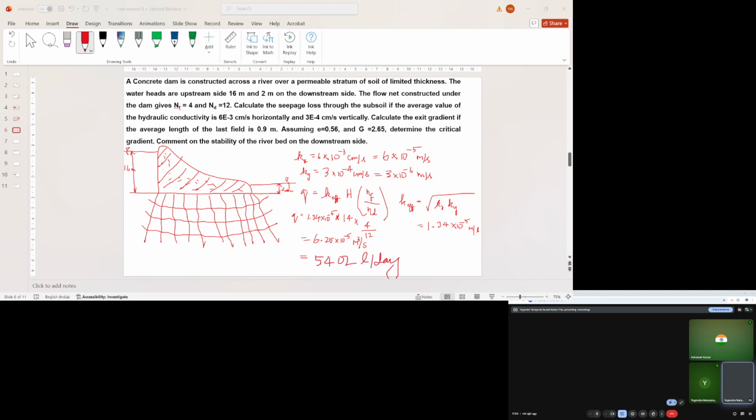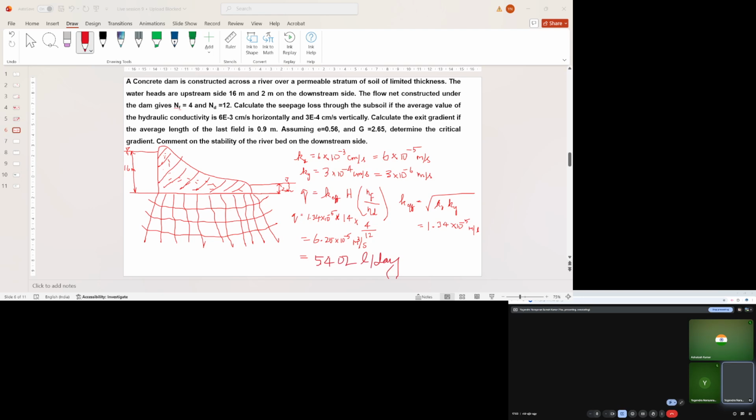So for that we need to find delta H. How will you calculate delta H? H by NF or ND? ND. How much are you getting? 14 by 12, 1.167 meters.